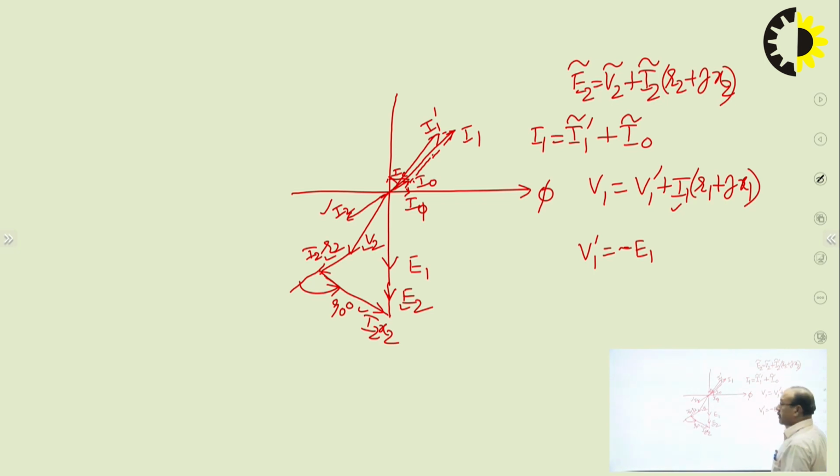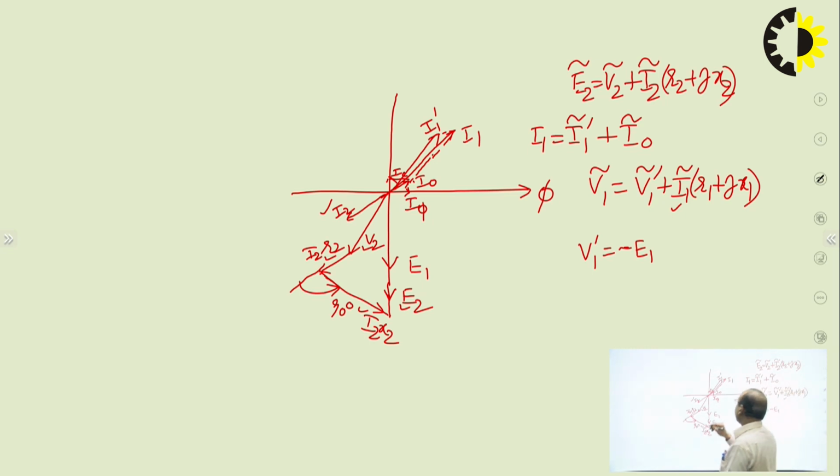I1R1 is the primary winding resistance voltage drop, since it is a practical transformer, having winding resistance and leakage reactance. I1X1 is the primary winding leakage reactance voltage drop. When all these voltages are added up, the phasor sum gives the supply voltage V1 in the primary.